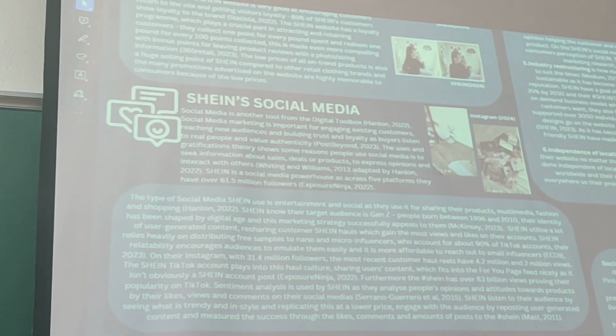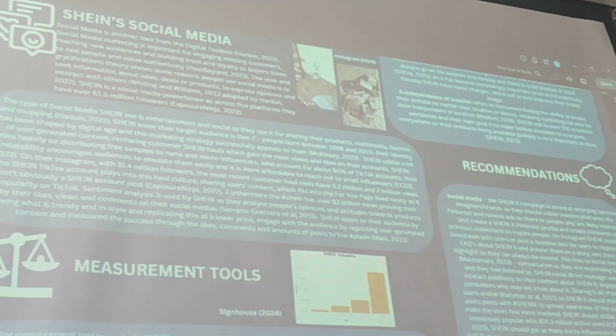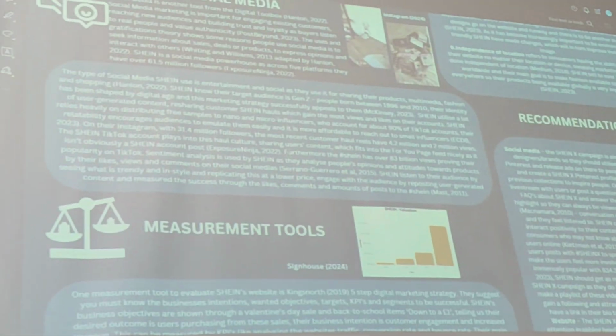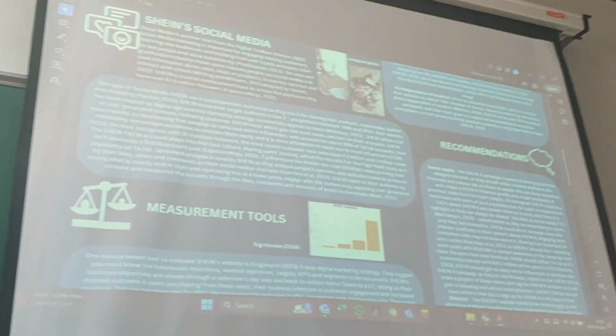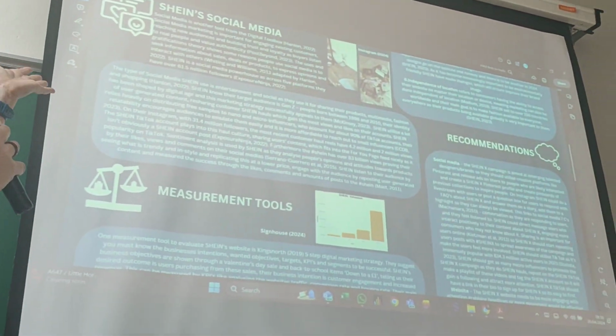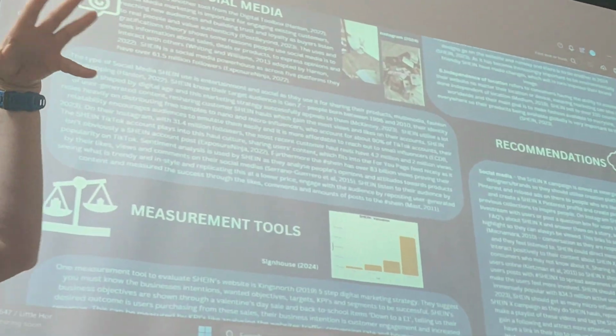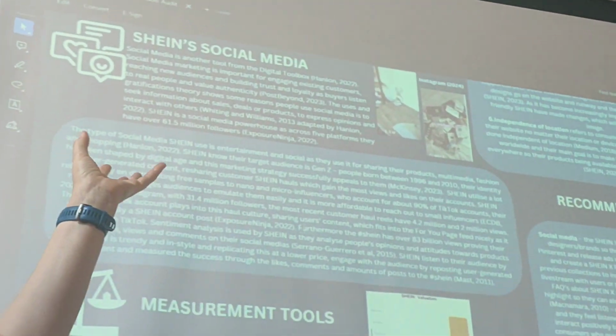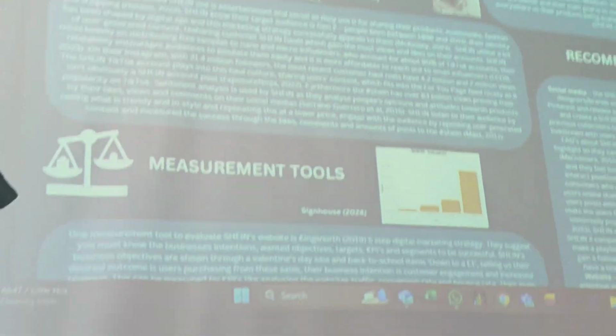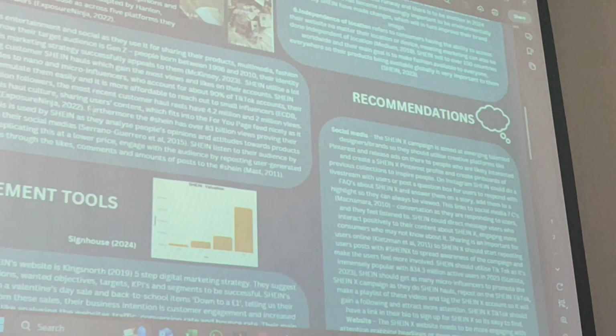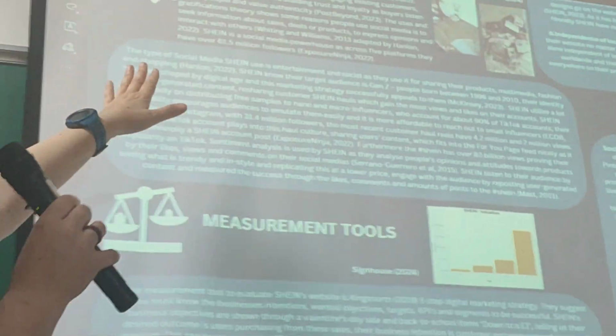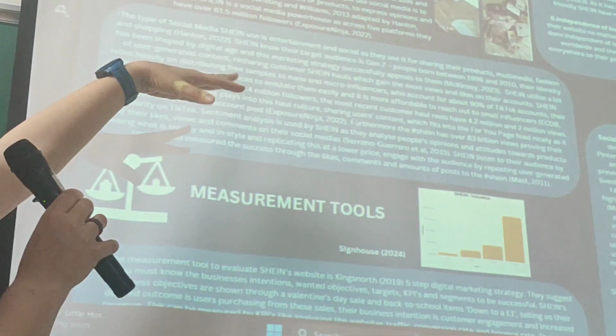For their social media, they have, again, given an introduction to what social media is and the theories that they're going to use. So they mentioned the uses and gratification theory. And here they say Shein is a social media powerhouse.